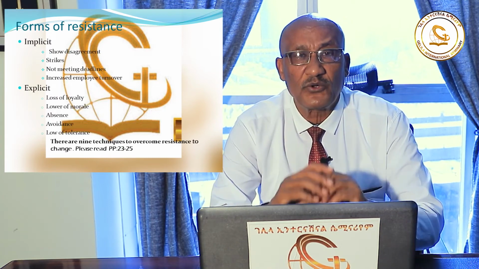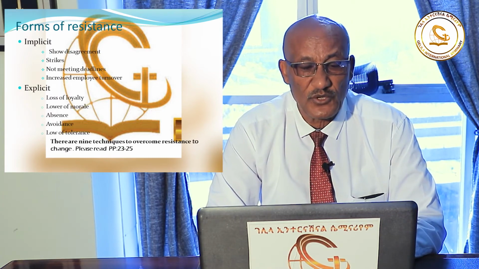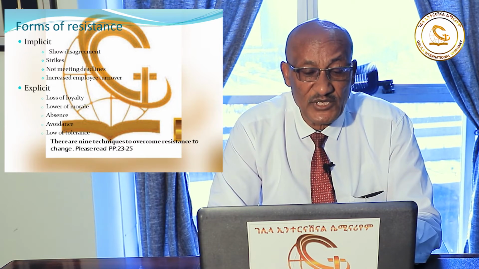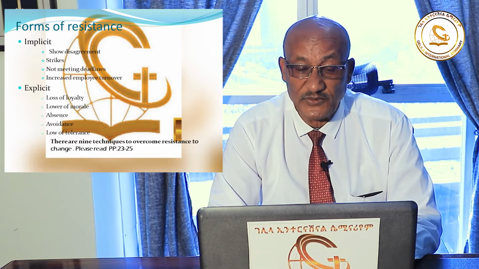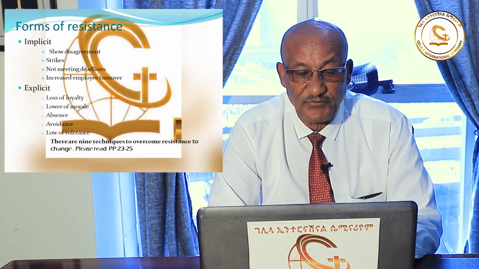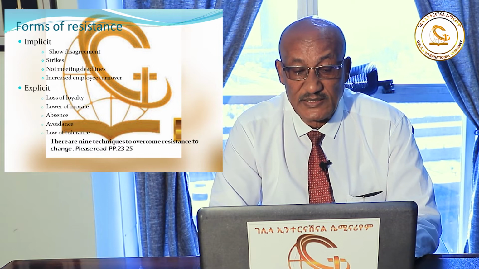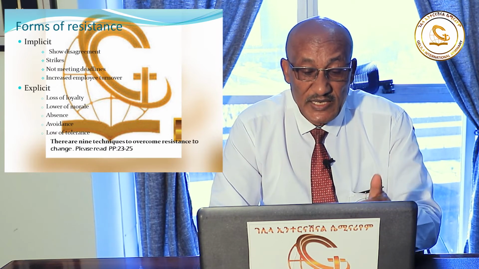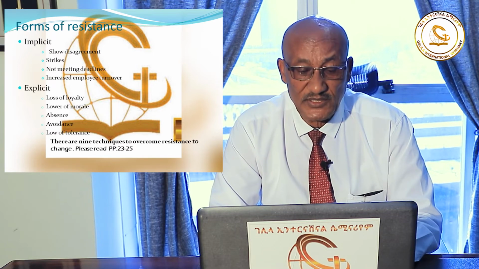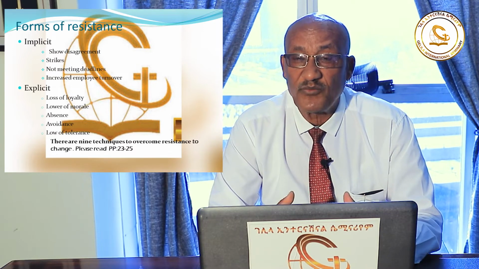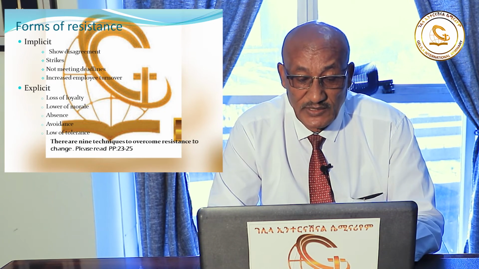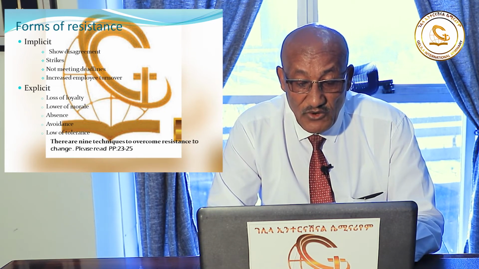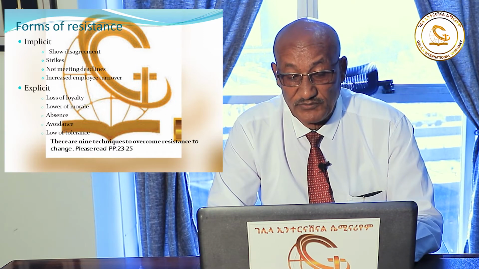There are 2 forms of resistance. One is implicit, another is explicit. The implicit one is shown through disagreement, strikes, not meeting deadlines, increased employee turnover. The explicit one is loss of loyalty, lower morale, absence, avoidance, low tolerance.